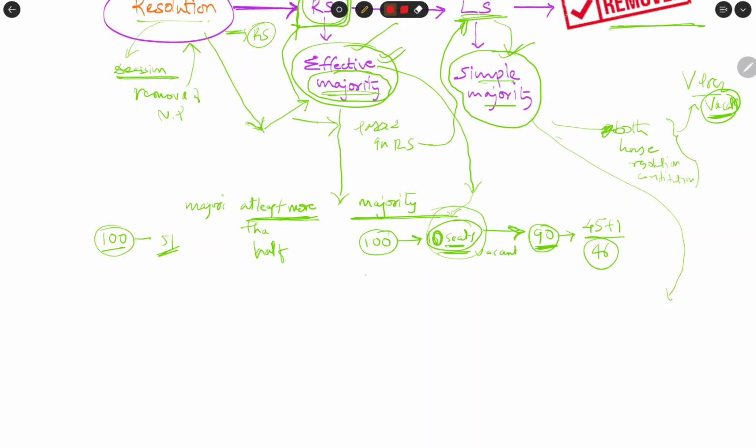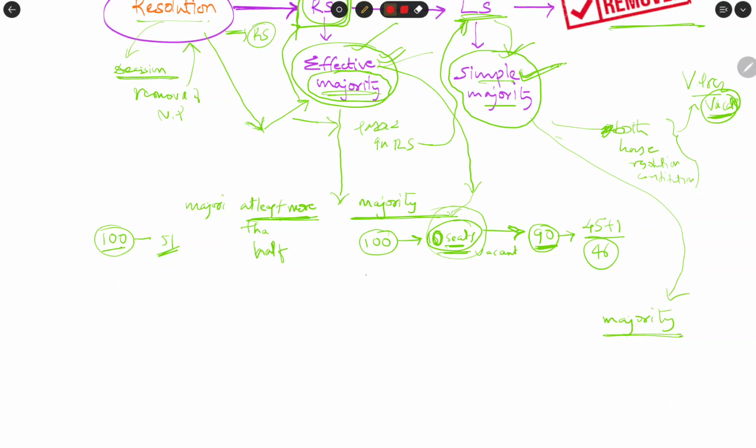The meaning of majority remains the same, but the change happens because of the prefix, like simple or effective. Majority means the minimum, at least more than half. Then what is simple majority?